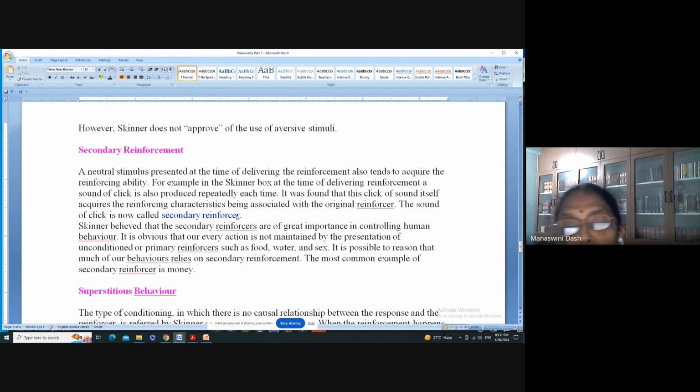The most common example of secondary reinforcer is money, because with money we can have something pleasurable which can reduce our need.